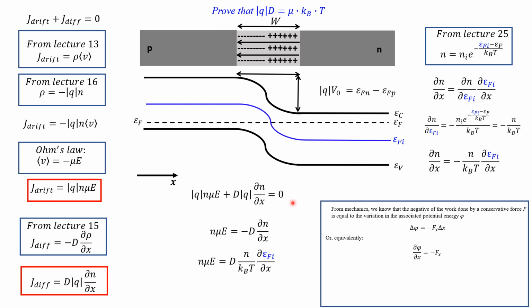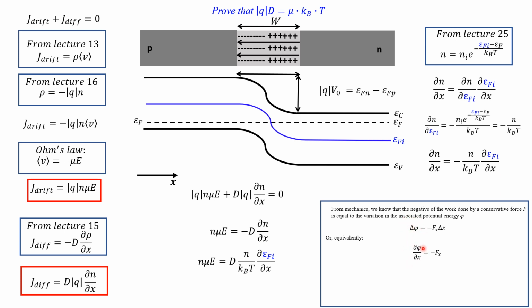So to do this, we just need to recall the meaning of the bending. Remember that this is the work done by the electric field. And this is only an application of the general relationship between a conservative force and a potential that we learned in mechanics. So recall that if we have a conservative force, the negative of the work done by the conservative force gives the associated potential difference.